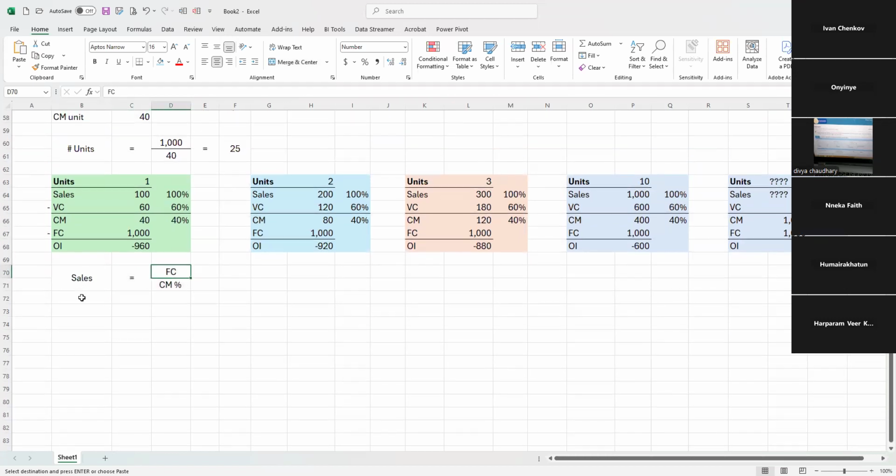Okay. So what do we need to find out? Do I know my fixed cost? Yes. $1,000. Do I know my contribution margin ratio? Yes, 40%. So I just have to substitute in this formula.